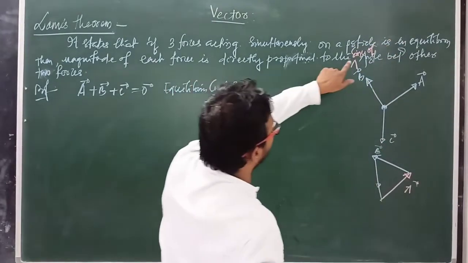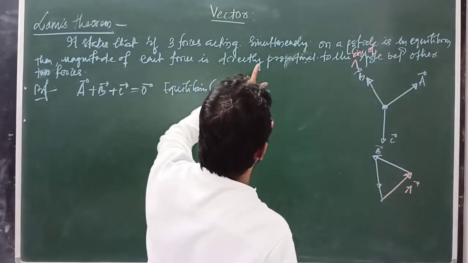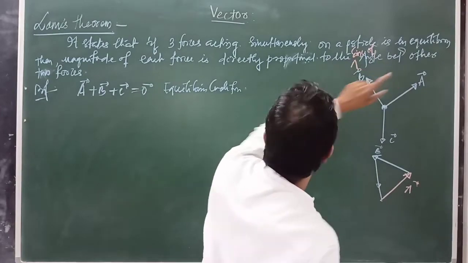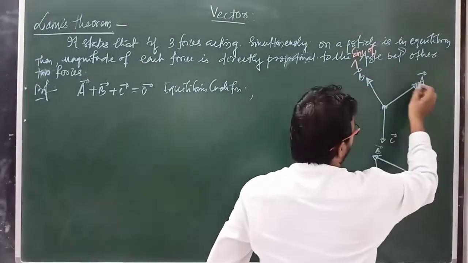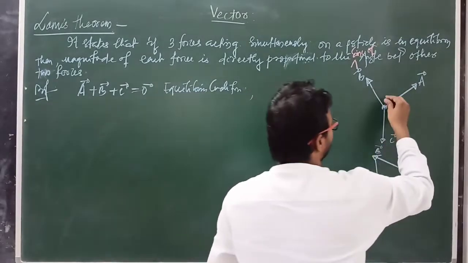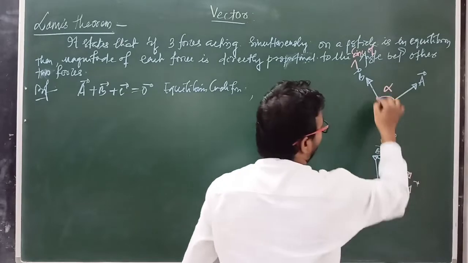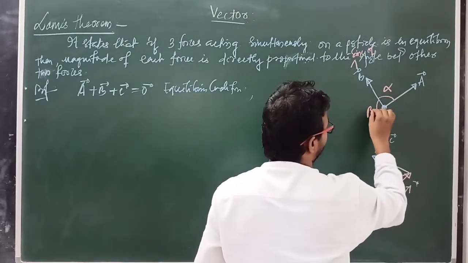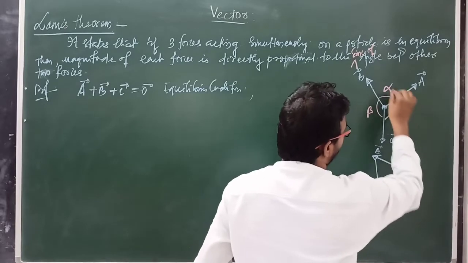The magnitude of each force is directly proportional to the sine of the angle between the other two forces. Suppose the angle between A and B is alpha, the angle between B and C is beta, and the angle between C and A is gamma.